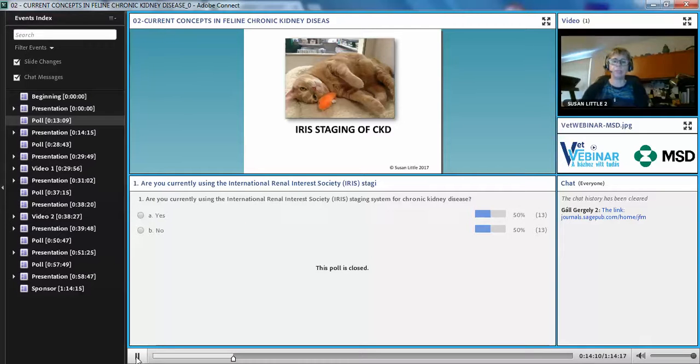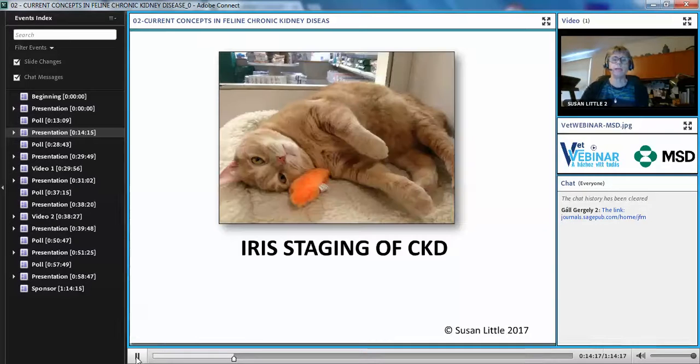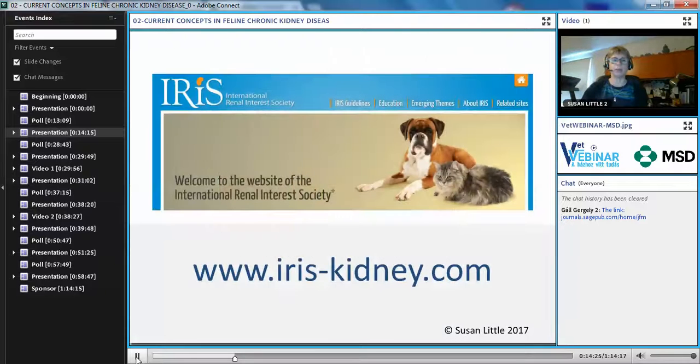And it looks like it's about even between those of you who are using the IRIS staging system. So about 50% of you said you are using the IRIS staging system, and about 50% of you said you're not. So that's actually good. So it'll give us an opportunity to maybe introduce the concept to those of you who are not using the IRIS staging system.